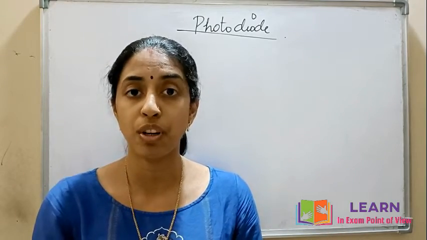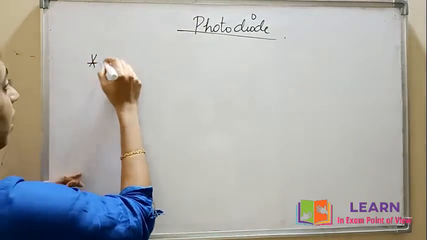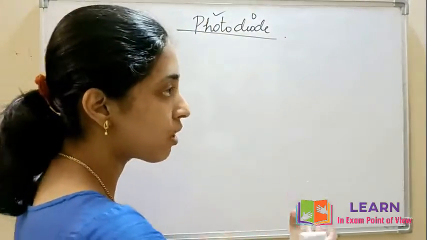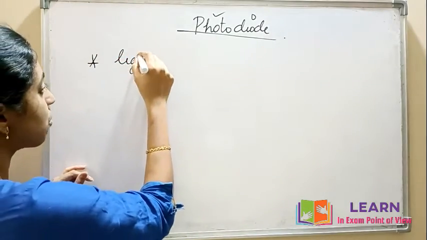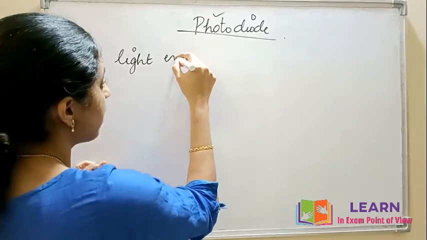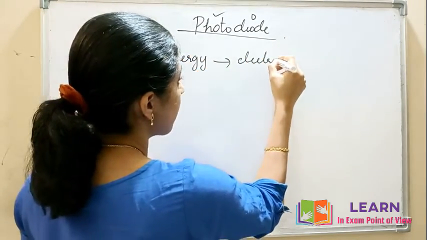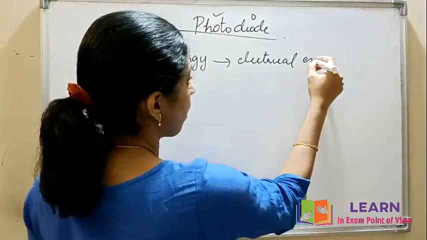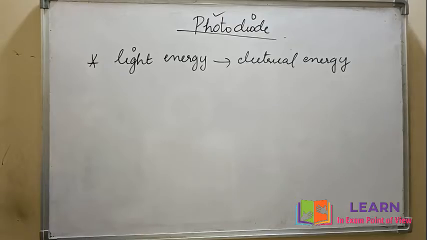That is the first point you should remember when you hear the name photodiode. Light energy is converting to what? Electrical energy.